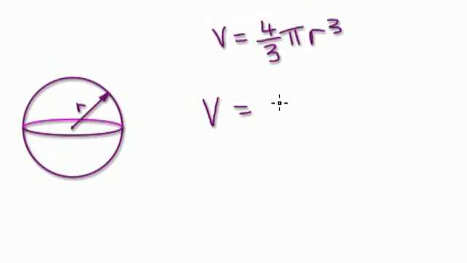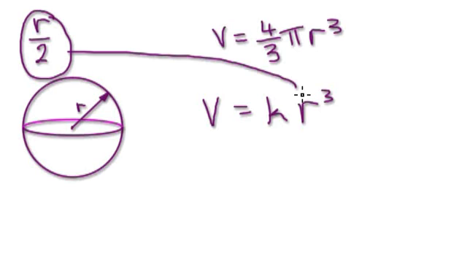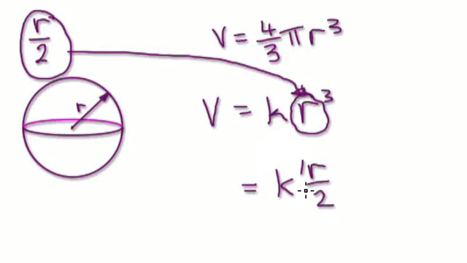Here the volume is some constant times r to the power of 3. We want to investigate what happens when we halve the radius, so we put r over 2 into the r here. It will become a constant times r over 2 to the power of 3.